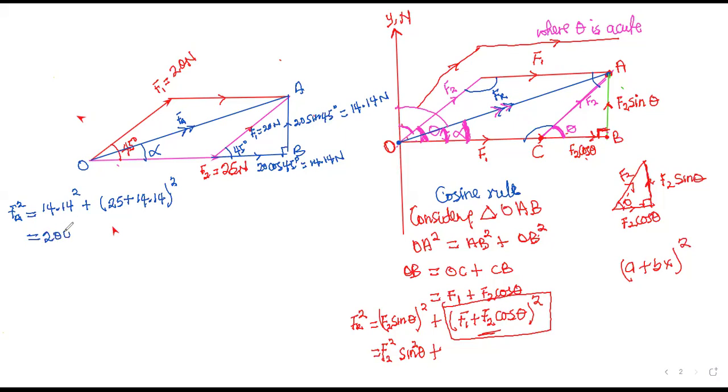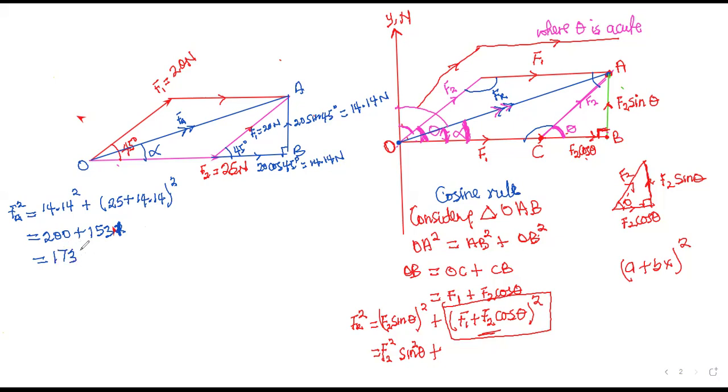Sum up what is in the bracket and then square it for me. 25 plus 14.14 is 39.14, and squared that is 1,532.31. Okay, so add that to 200 for me. That gives 1,732.